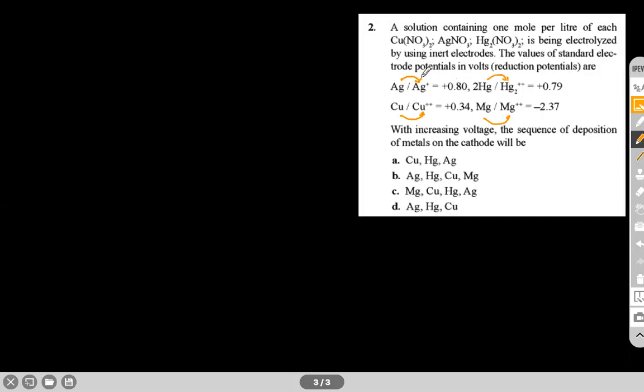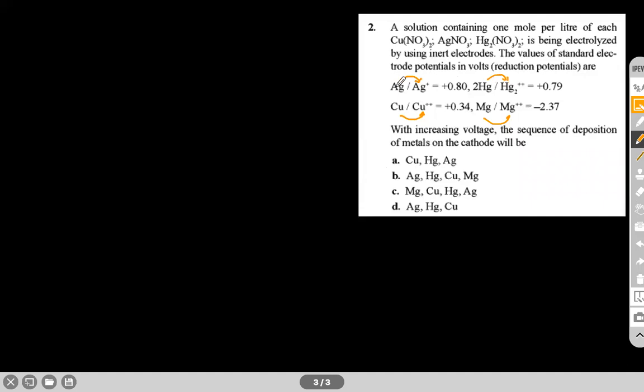But the notation is oxidation. Okay, so it is standard reduction potential we have to assume, because in the question it says standard reduction potential, right? All these are standard reduction potential. So fine, let it be. So standard reduction potential is maximum for Ag, right? And it is minimum for magnesium, it seems, right? If you see the value here.